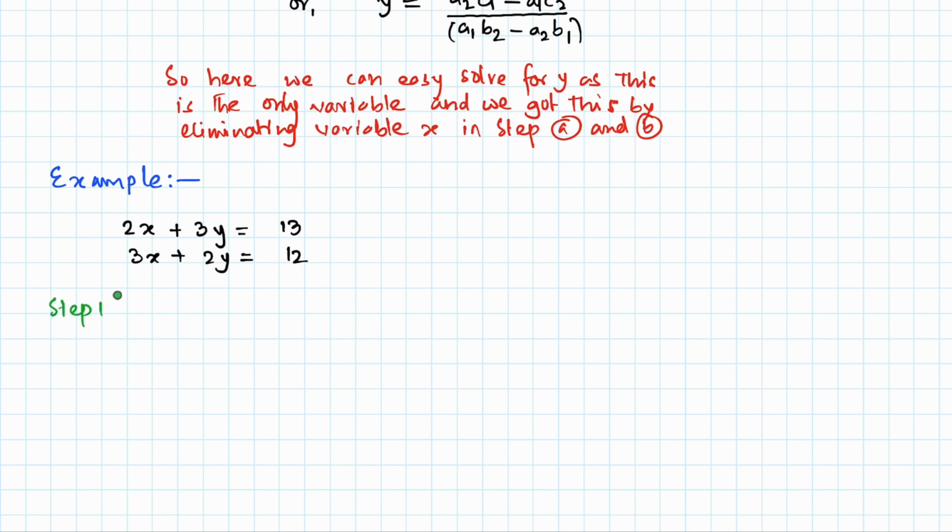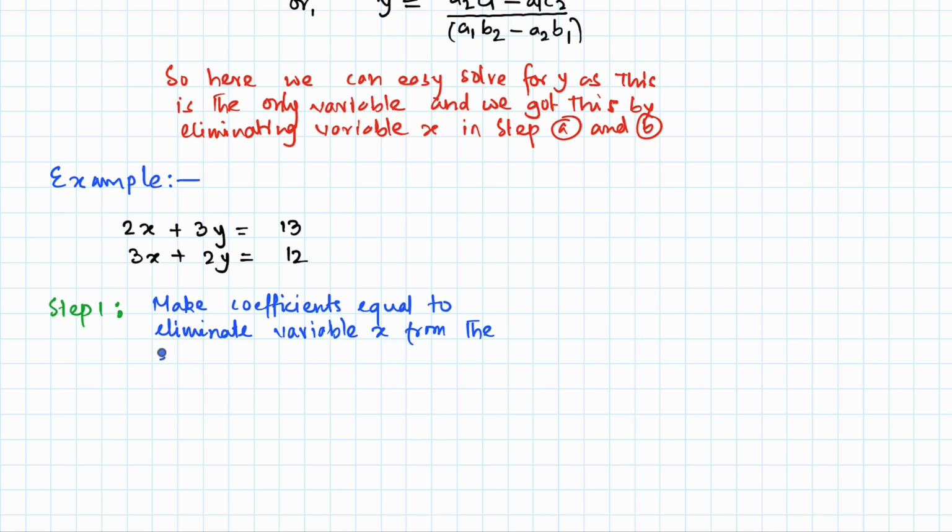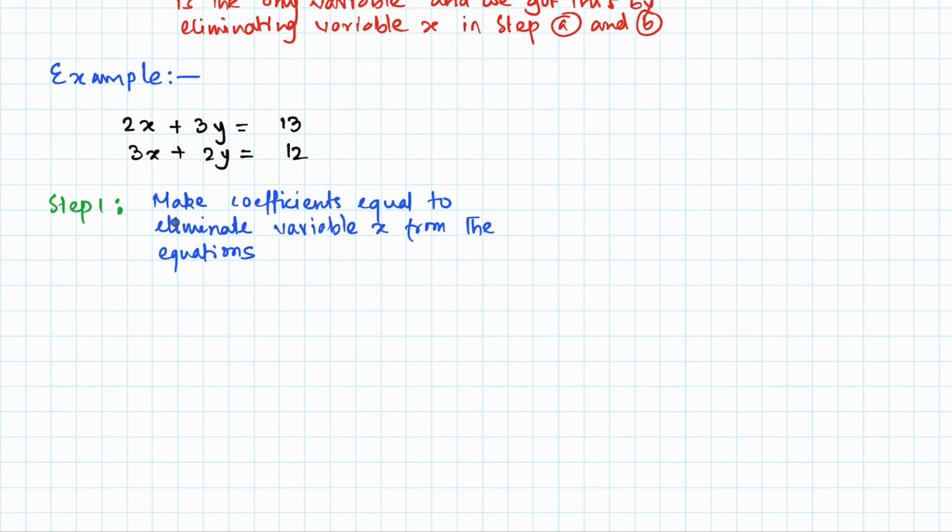Now there are two equations given, a pair of linear equations in two variables x and y. One is 2x plus 3y equal to 13 and the other is 3x plus 2y equal to 12. Step 1: make the coefficients equal to eliminate the variable x from the equations. We denote the two equations by eq1 and eq2, where eq stands for equation.